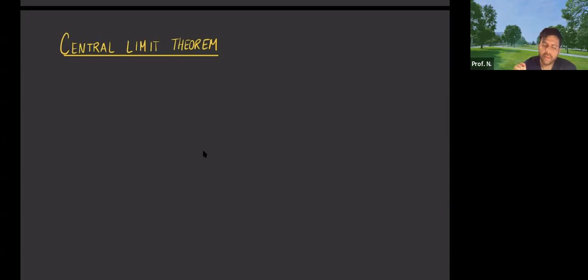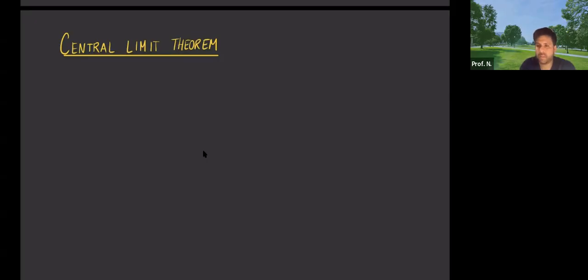The reason it's so powerful is that the independent random variables are not necessarily continuous. They could be discrete, but they have to be all the same kind: either all discrete or all continuous. But it doesn't matter what distribution it is.